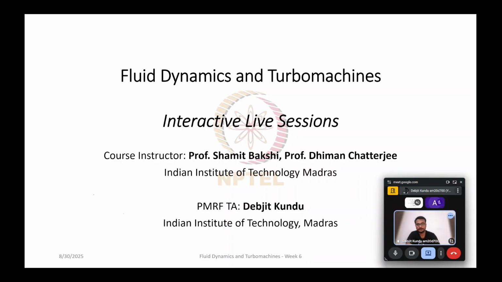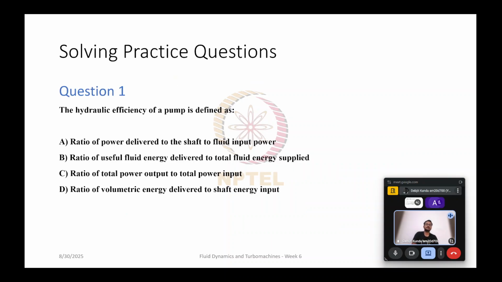So, here's question number 1 of today's session, which is asking us that the hydraulic efficiency of a pump is defined as what? There are 4 options given below. Option A says it's the ratio of power delivered to the shaft to the fluid input power.